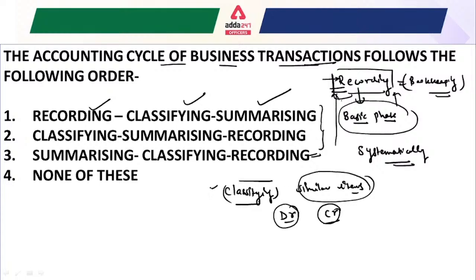So in the classifying phase we use, for example, current assets under one term and current liabilities under one term, and the assets and liabilities whatever we have. So classifying is basically sorting and putting similar items under one head. This phase uses systematic analysis of recorded data, in which all transactions are grouped in one place, right? So that is the part of your classifying stage.